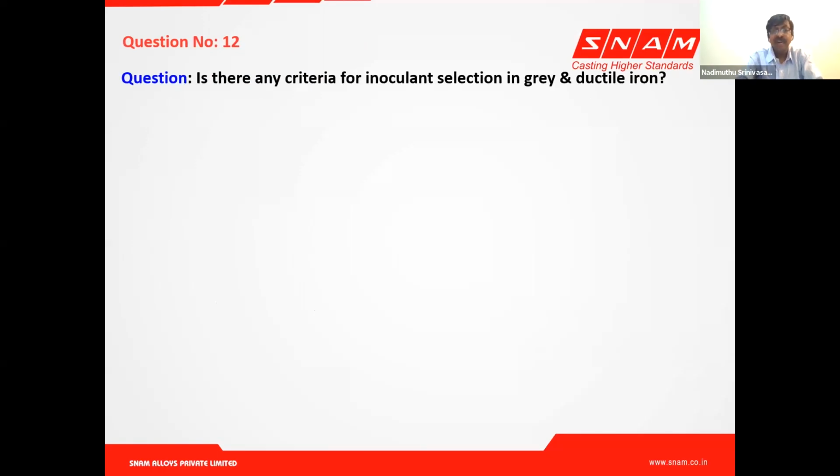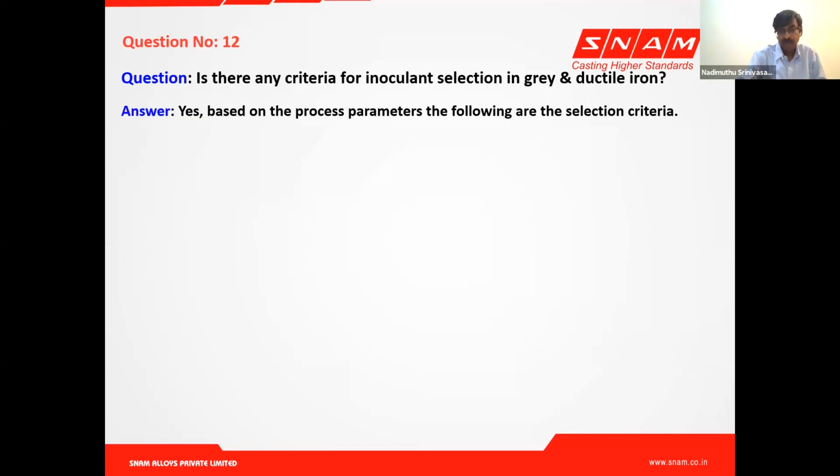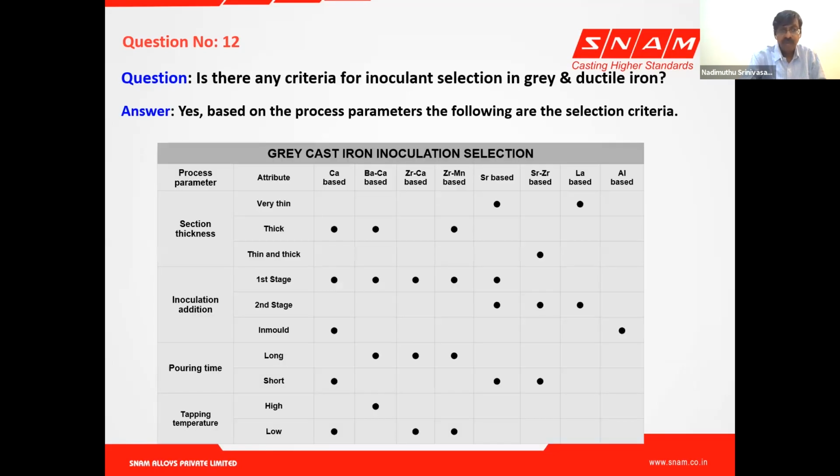So is there any criteria for inoculation selection in gray and ductile cast iron? Now this is going to be the last slide that I am presenting. We do have criteria, based on the process parameters. So what are the process parameters? Your pouring temperature, your casting section thickness, your pouring time, and the composition of the metal.